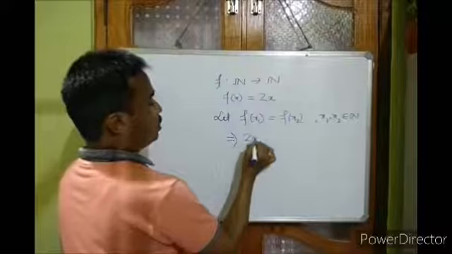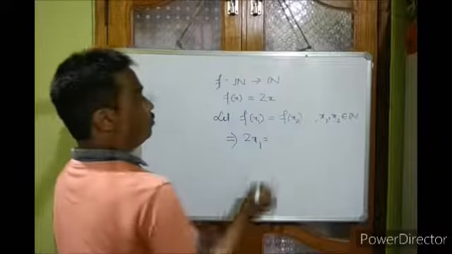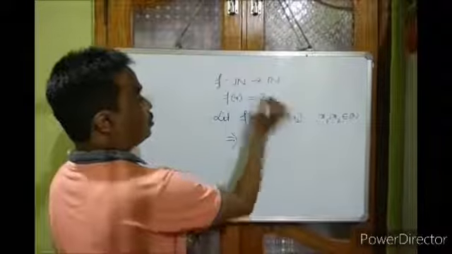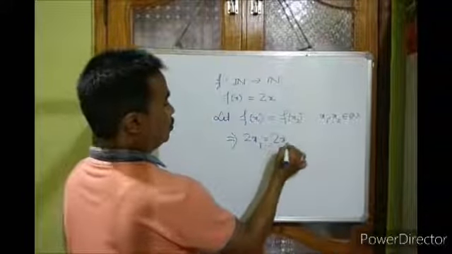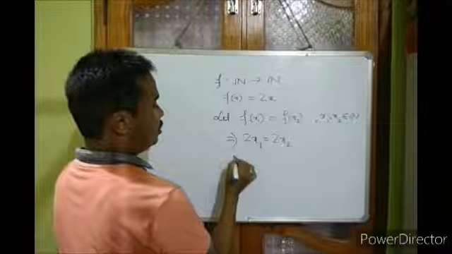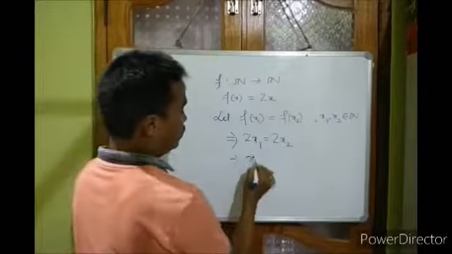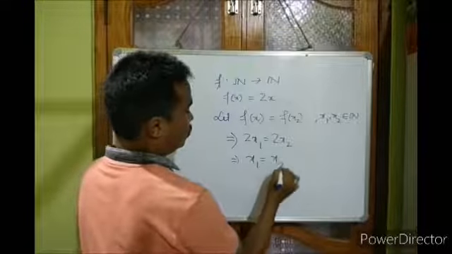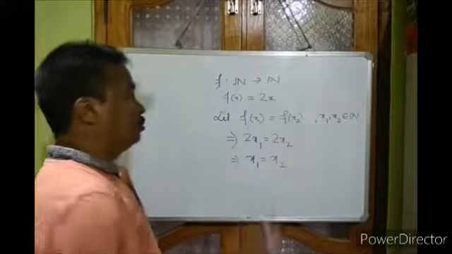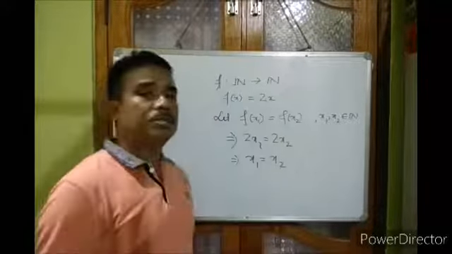So twice x1 equals f(x2), which is equal to 2x2. Dividing both sides by 2, we get x1 is equal to x2. So we see that the function is one-one.